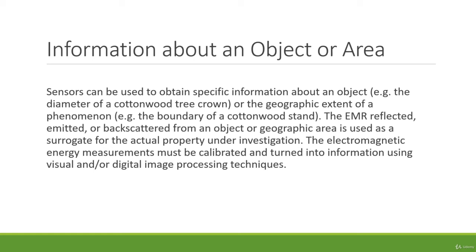Another example is looking at the boundary between species of trees. Instead of going out and by hand mapping each individual tree and where it is, we can use remote sensing to easily see the boundary of, say, 100 square miles of a forest and see where these specific trees are.